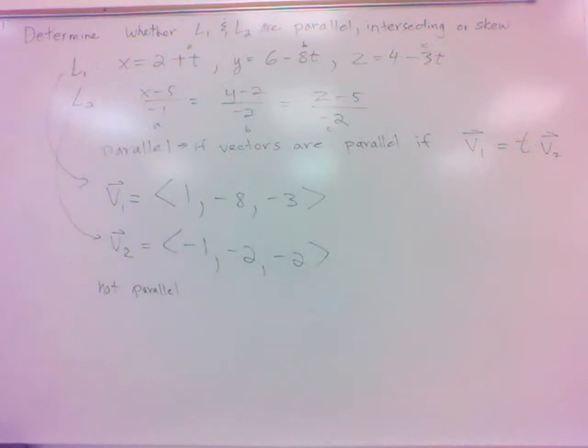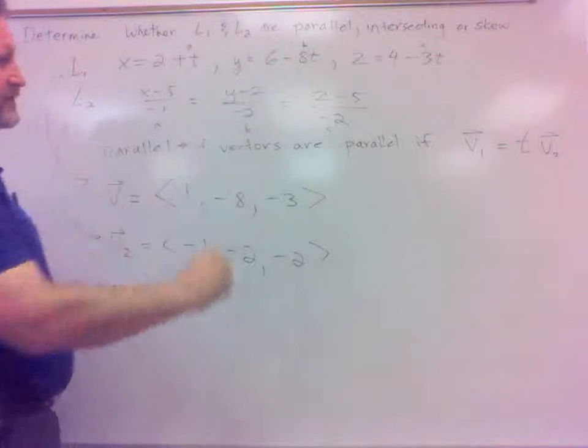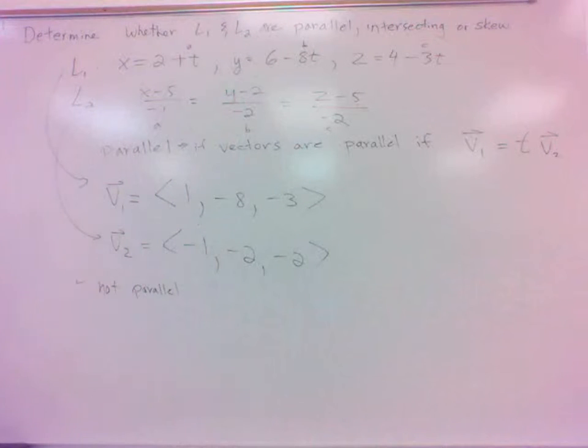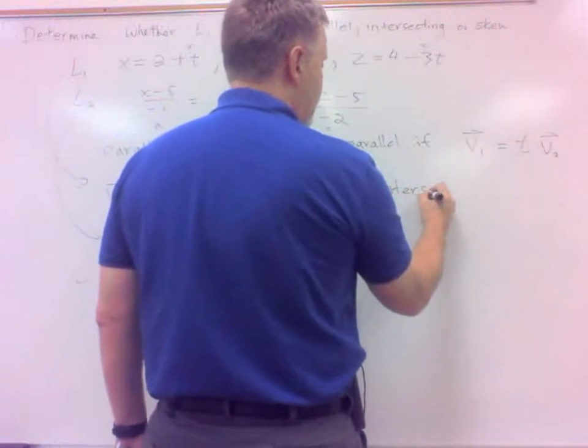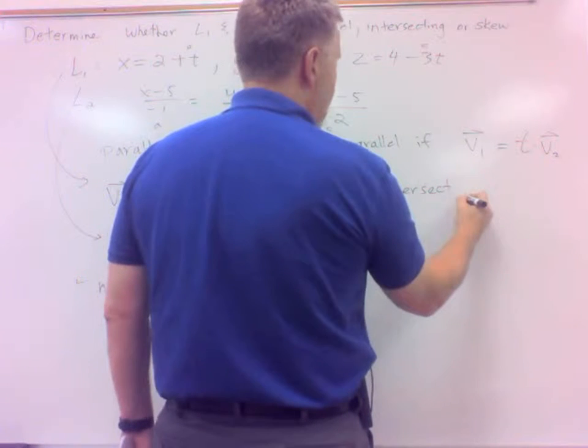Okay, and the way we're going to do it then is we've checked off that it's not parallel. The next thing we're going to check is whether or not it's intersecting. And if you think about it, they intersect if they have a common point. There's a common XYZ that works in both line 1 and line 2.